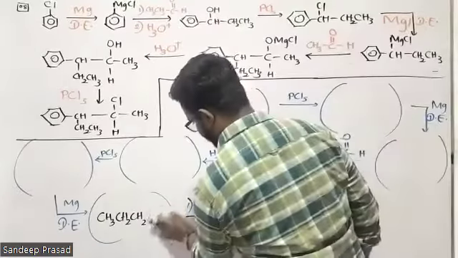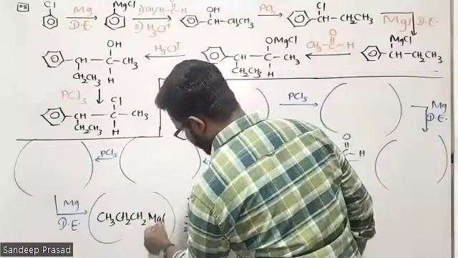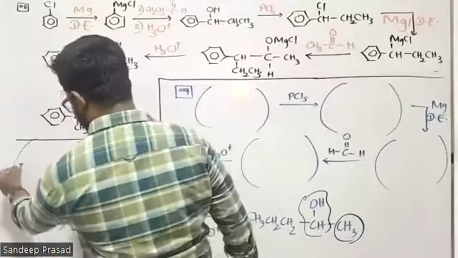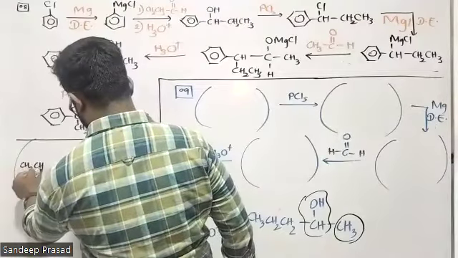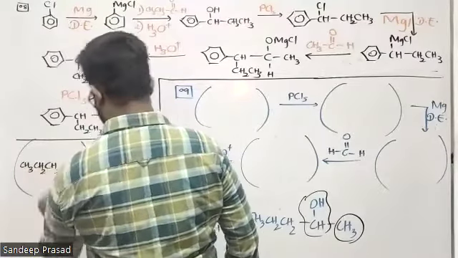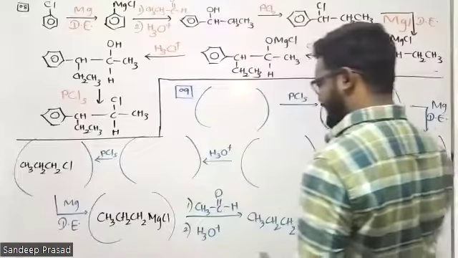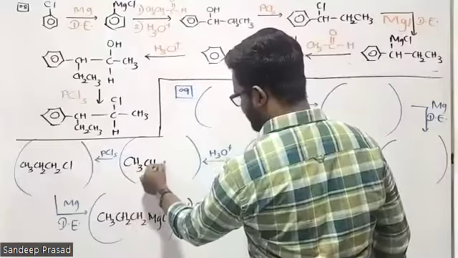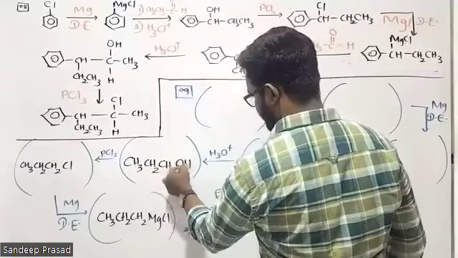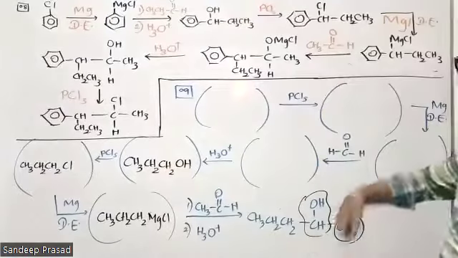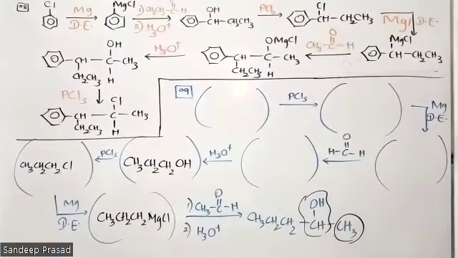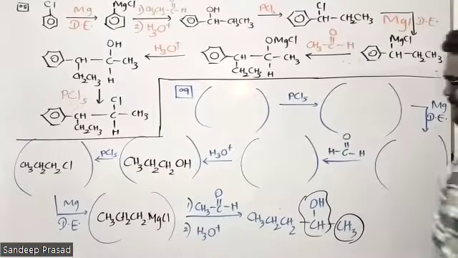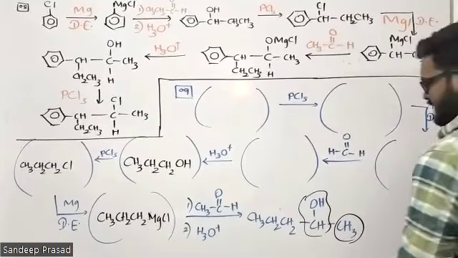Then the previous alkyl halide should be CH3CH2CH2Cl. And before this one, definitely that should be an alcohol. They have added PCl5, no? So that alcohol again came by adding Grignard reagent and aldehyde.